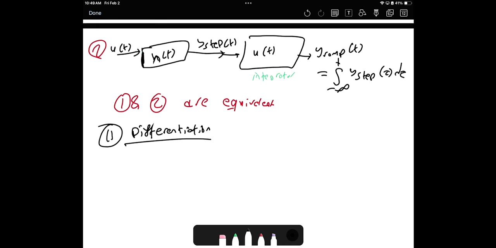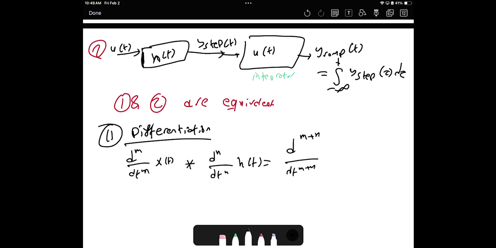Assuming we have the derivative, d by dt of x of t, derivative m of x convolved with derivative n of h of t, this yields the derivative of order m plus n. This can be applied even if there is no derivative, that is, n equals 0 or m equals 0.